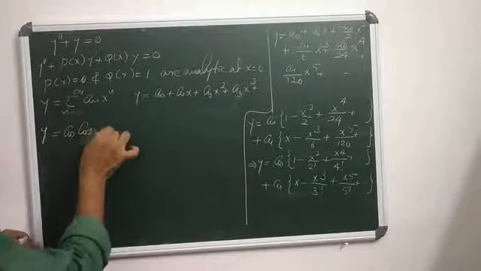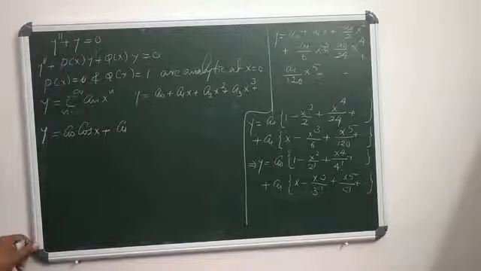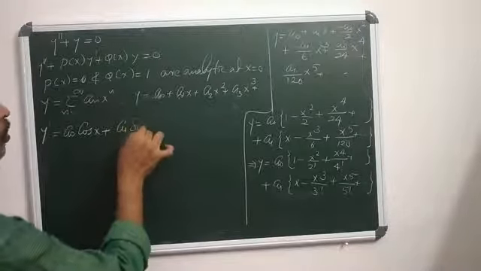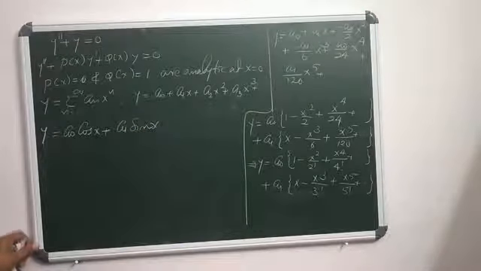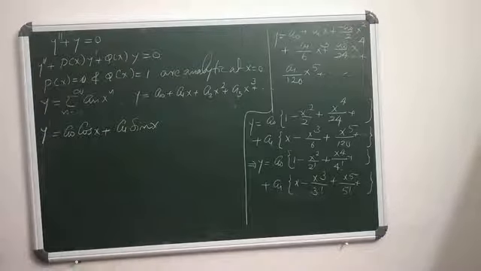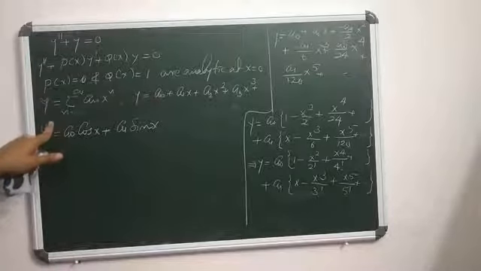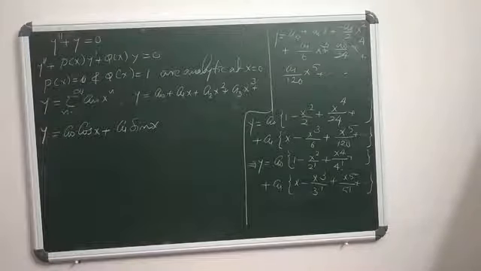So a0 cos x plus a1 into x minus x cube by 3 factorial plus x power 5 by 5 factorial, that is sin x. So this is the solution of the given second order differential equation in terms of power series. So the solution is y equals a0 cos x plus a1 sin x.